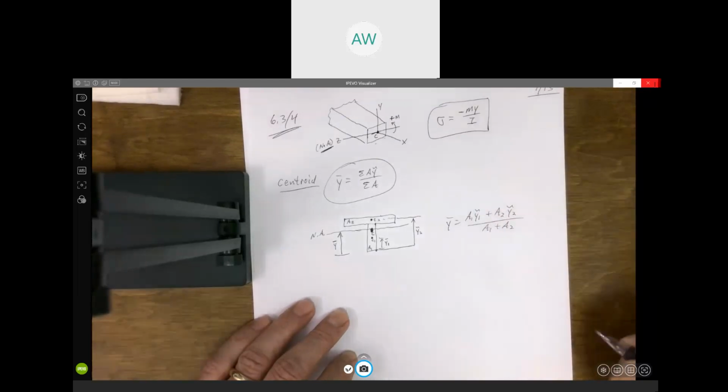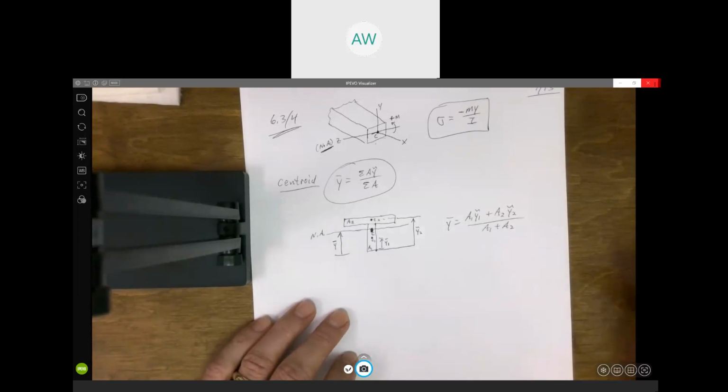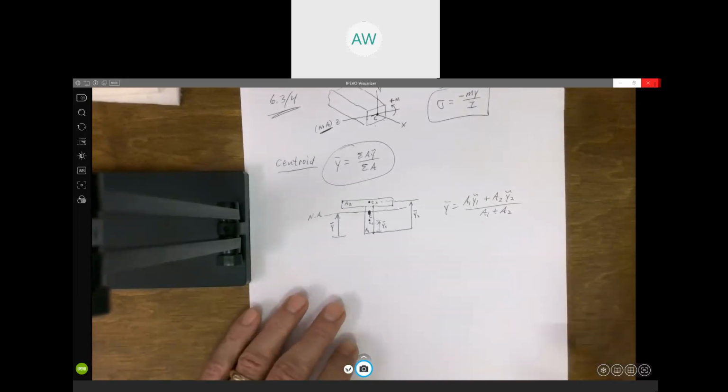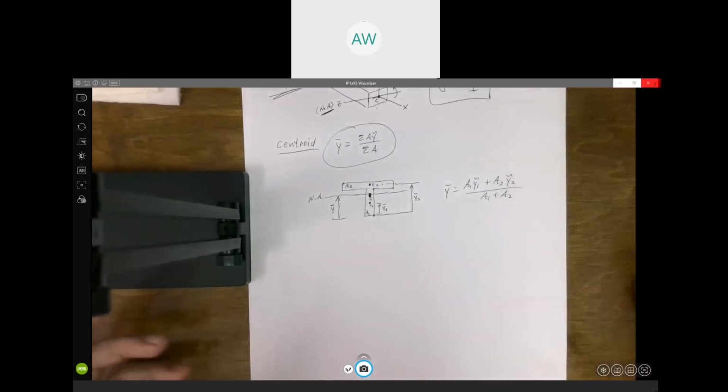If you had 3 pieces, you do 3 or 4 or whatever. But that's how you locate where the centroid of an area is. Any question about that? All right. So again, if you can't do this, you can't solve these problems.